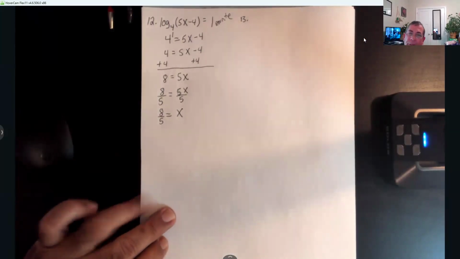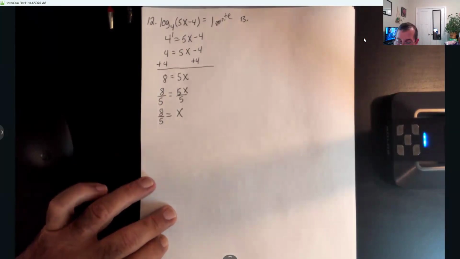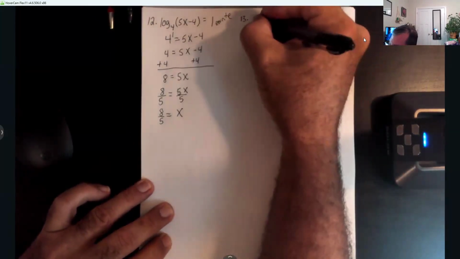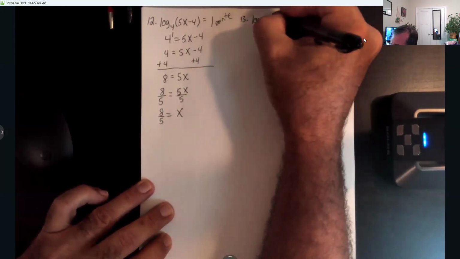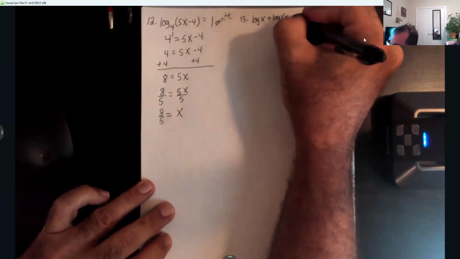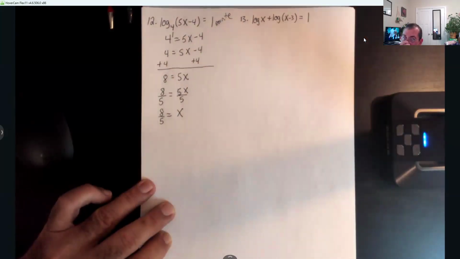All right, so notice on those first few, my first step was to rewrite them all as exponential. But y'all, let's change it up a little bit. Let's do this. Log x plus log x minus 3 equals 1.